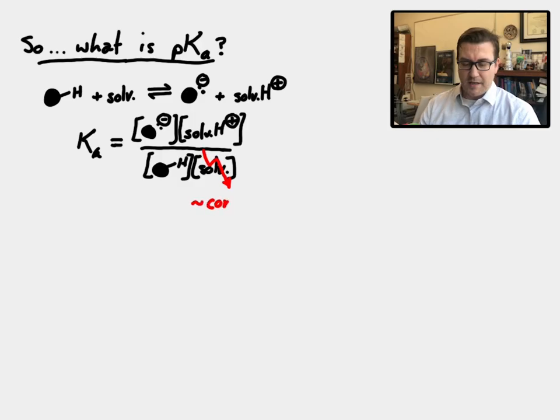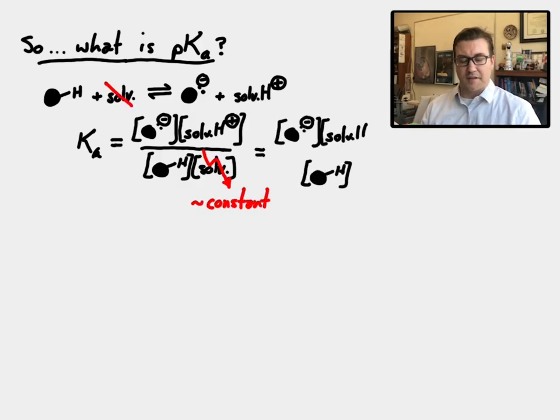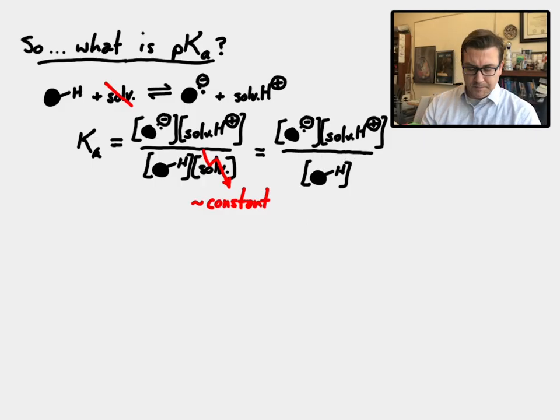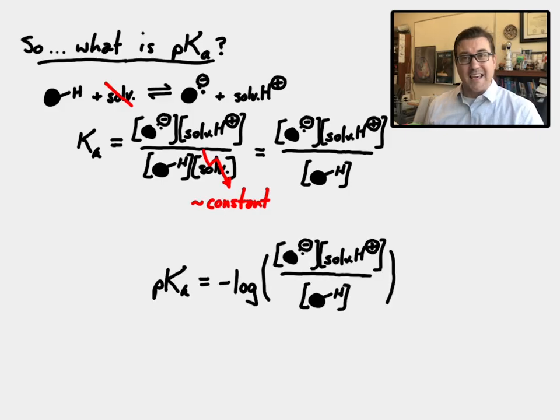Because the solvent is so abundant, its concentration is effectively constant. So we can simplify our equation to be the conjugate base times the conjugate acid over the concentration of the starting material. The pKa, once you add that extra little p to it, is the negative log of that.